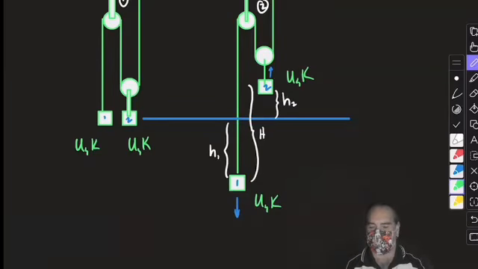Does it have gravitational potential energy? I'm going to base that on whether the object's at its highest or lowest point when I compare state 1 with state 2. When I compare state 1 to state 2, box 1 descends, suggesting it currently has gravitational potential energy because it's above its lowest point. Any question about that?